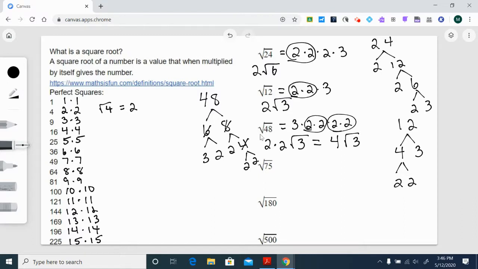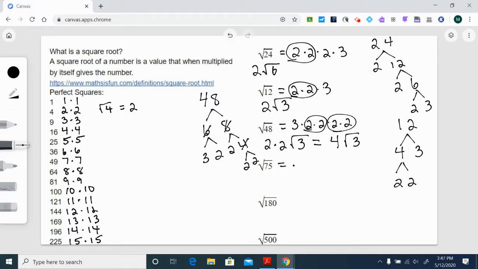So since I know that 75 ends in a 5, I'm actually going to go ahead and do 75 divided by 5, and I get 15. So neither of those is a perfect square. One of my other division tricks, if I add those digits together, 7 plus 5 is 12. 12 is divisible by 3, so I know that 75 is divisible by 3, and I get 25.